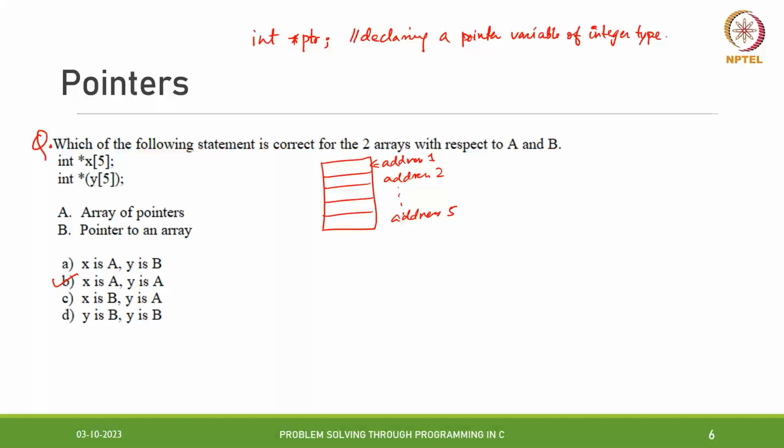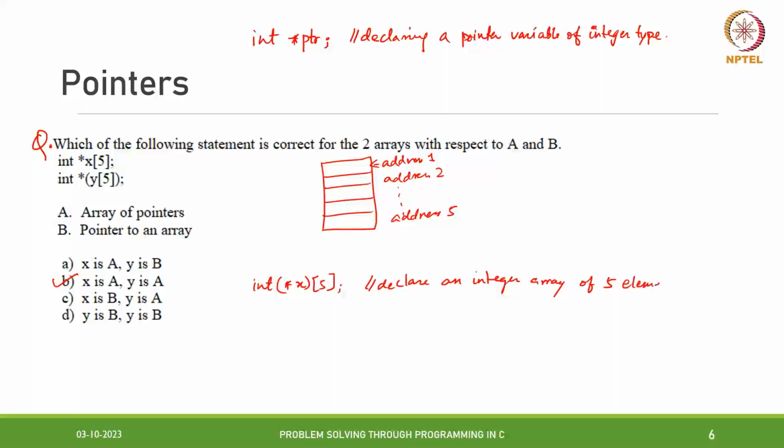Now, what if I do int of star x in brackets of 5? What would this declare? No, this would declare an integer array of 5 elements.